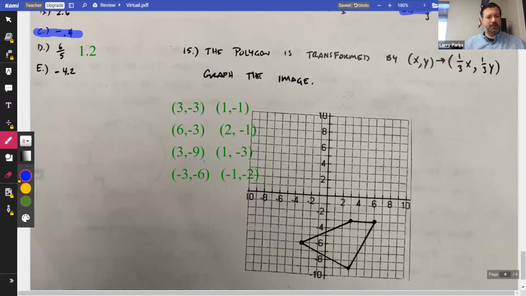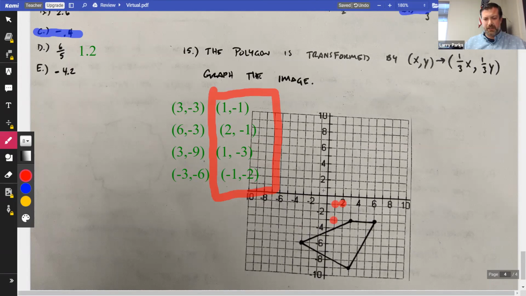So what I'm going to do now is plot those points right here and see what I end up with. So 1, -1 goes there. 2, -1 would be there. 1, -3 there.